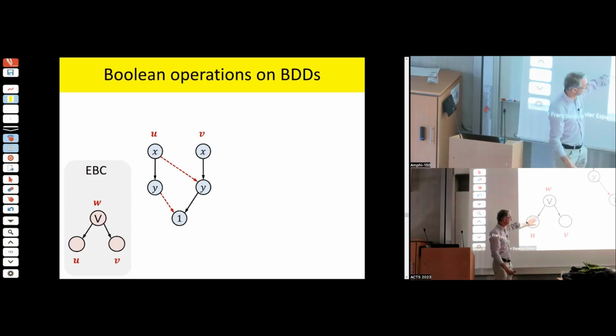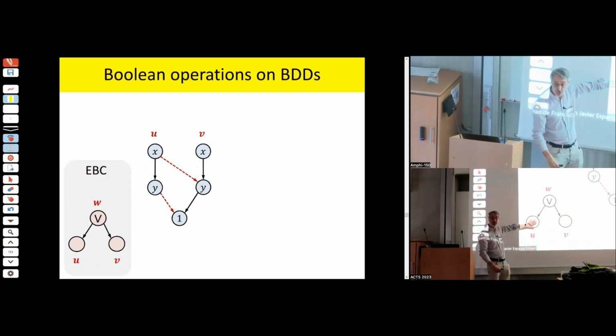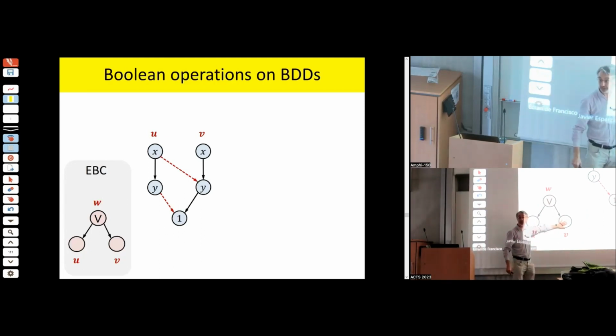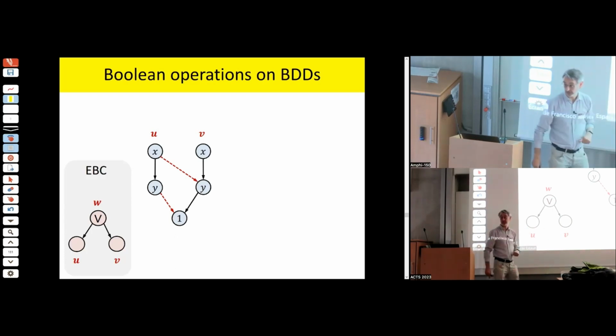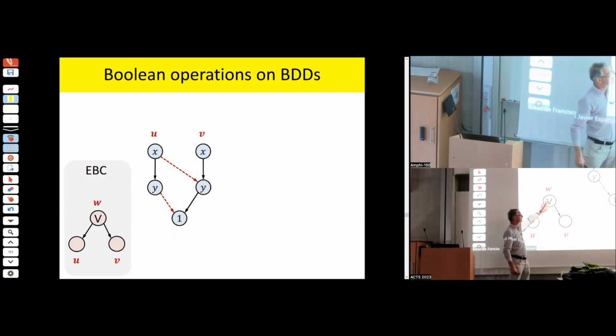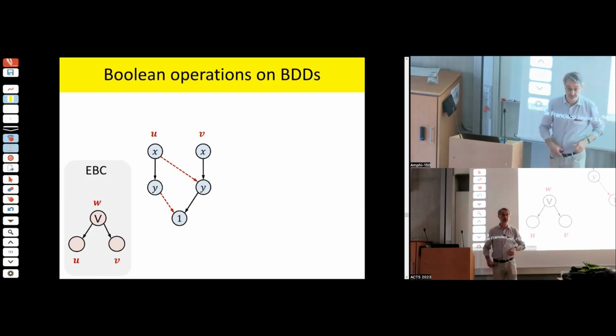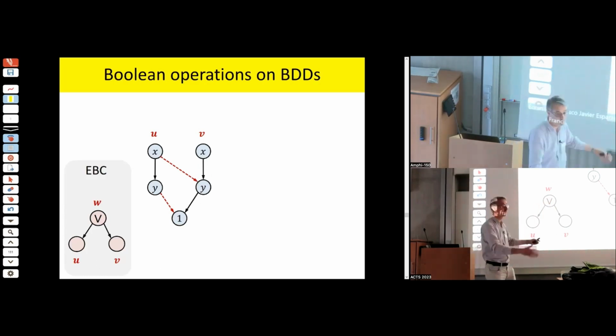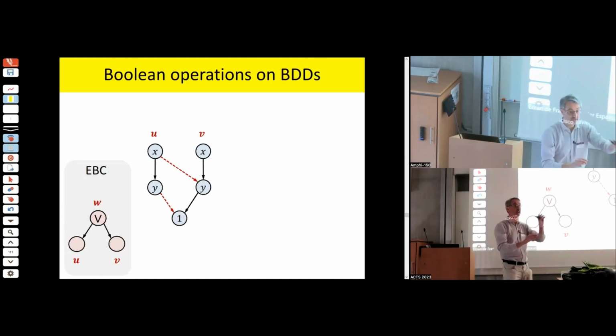So assuming that I have computed a BDD node for this node in the extended Boolean circuit, and assuming I have computed a BDD node for this node, the question is, which is the BDD node that I associate to this node in the extended Boolean circuit, right? In this way, if I have a Boolean circuit in front of me, I can assign BDD nodes to all the nodes.